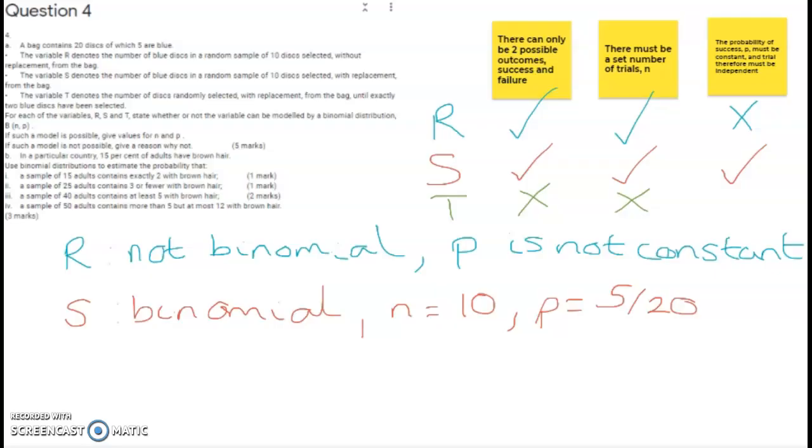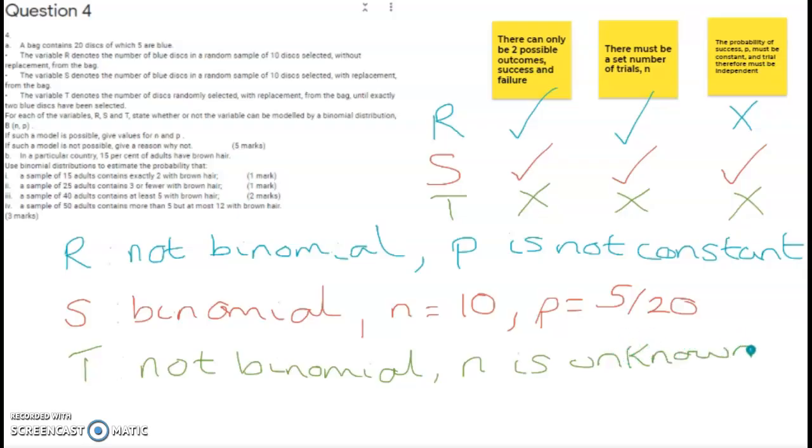Although it is with replacement, so the probability of success is constant, we don't know what success is, so arguably we'd have to leave that one out as well. So for T, we would say not binomial. And our reason for that, we could go for any of them. I'm going to go with the easiest one and say n is unknown. But I could say we don't have 2 possible outcomes as well.